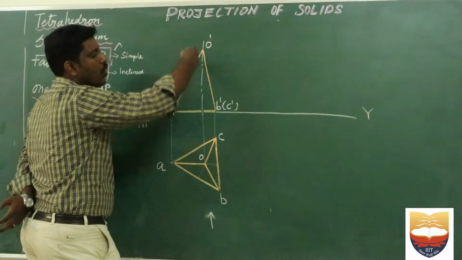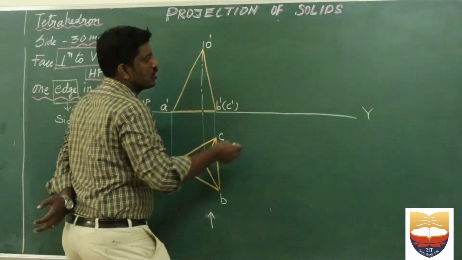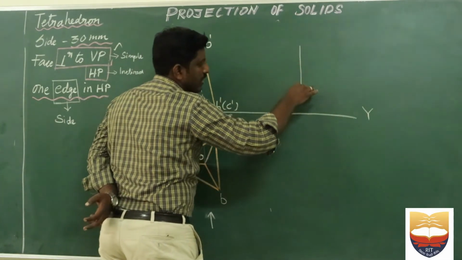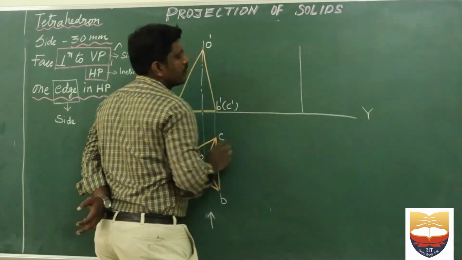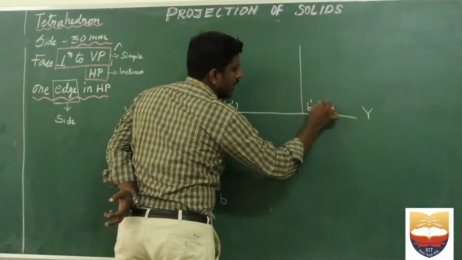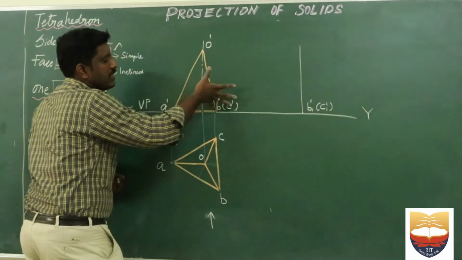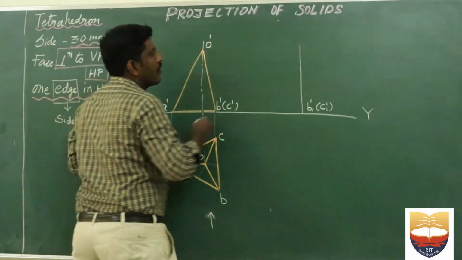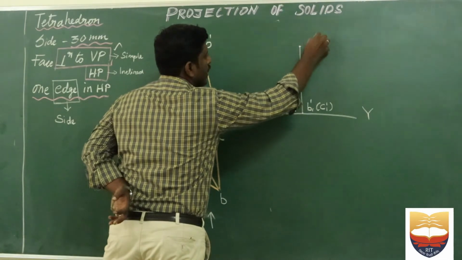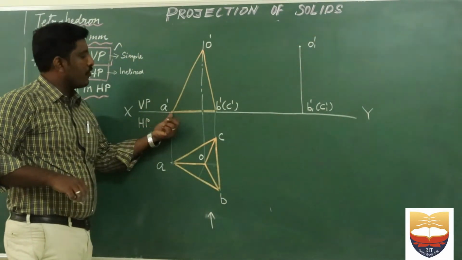The face is OBC, which is going to be perpendicular to the horizontal plane, so I am drawing a perpendicular line to the reference line, and I am fixing this point as B1 dash, in the bracket C1 dash. Now I am using my compass. From B I am measuring O, and I am fixing this point as O1 dash.